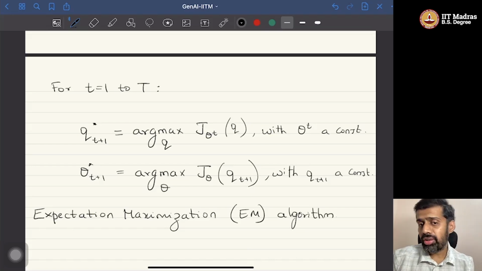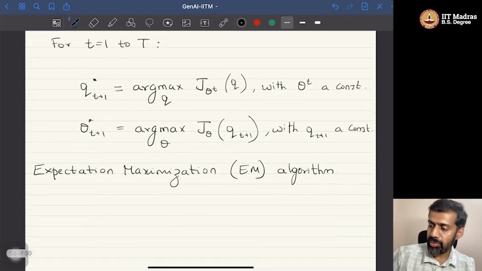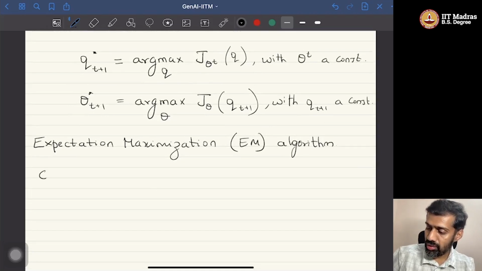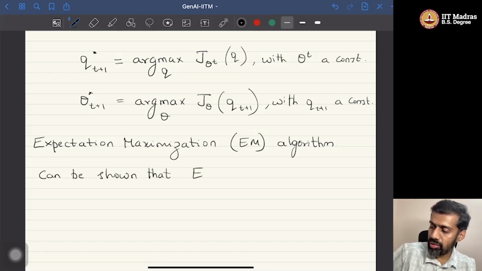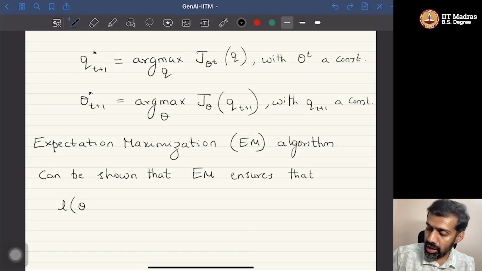Okay, it can be shown that EM ensures that the likelihood function that we find at the t plus first iteration is at least equal to the likelihood that we have found at the tth iteration, right?